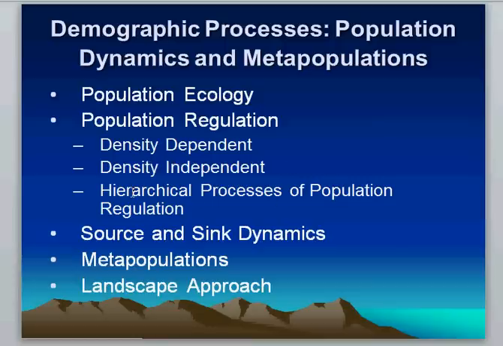Then I want to talk about the hierarchical processes of population regulation, how regulation can be pitched at different scales, and we need to know that because we need to identify some of the processes which are humbugging our protected species at whatever level of population regulation.